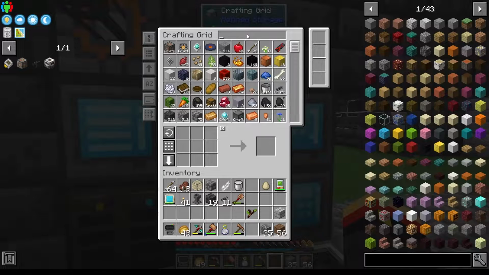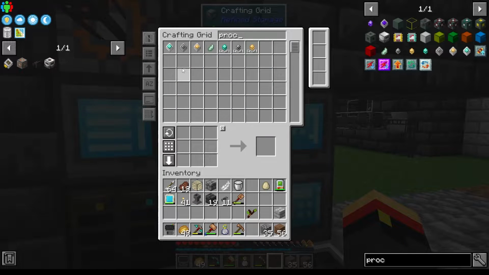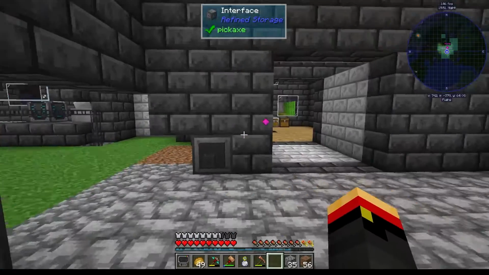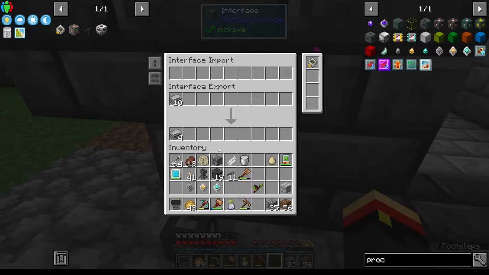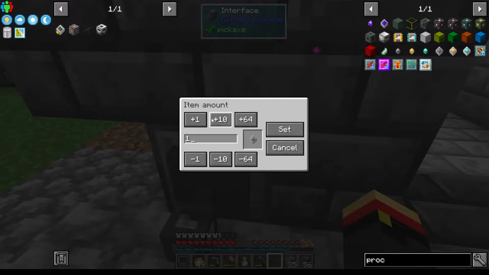What about my processors? Let's keep a few of these in stock as well. I generally like to put anything that we might need a lot of that take a lot of time to make in these. So yeah, we're going to say I want 10 of these.